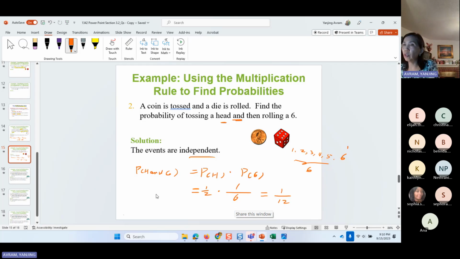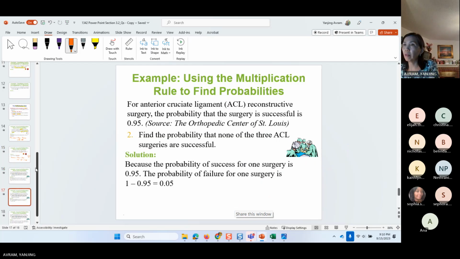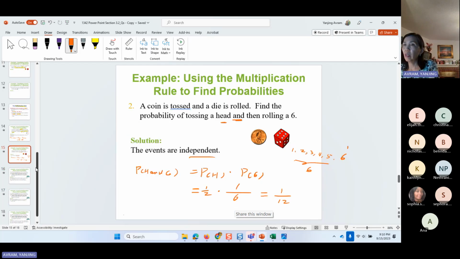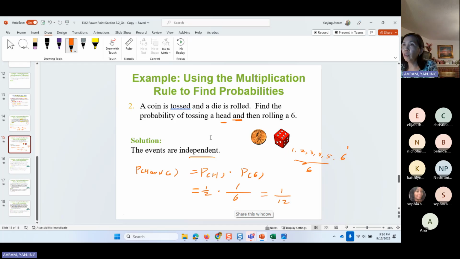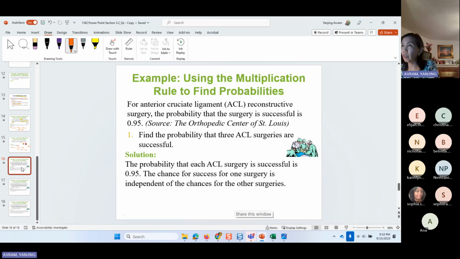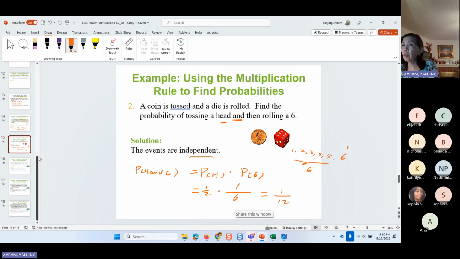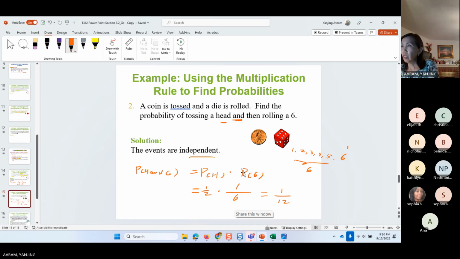That gives you the calculation of the probability, and a little look at dependent and independent events using the "and."